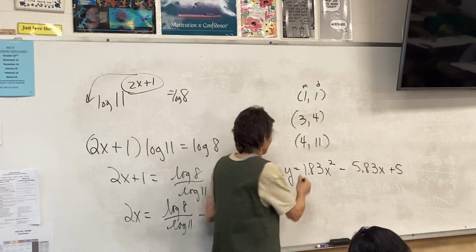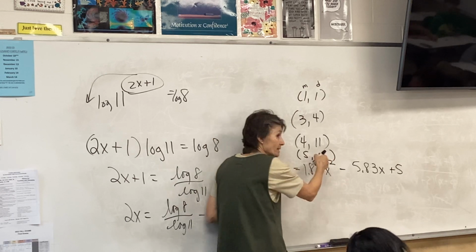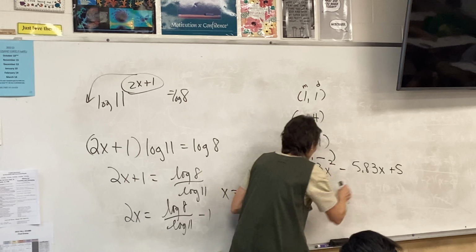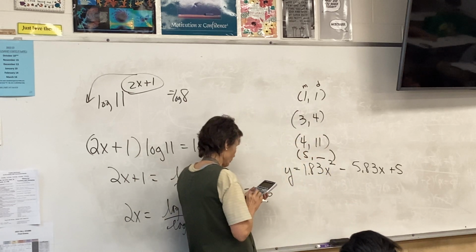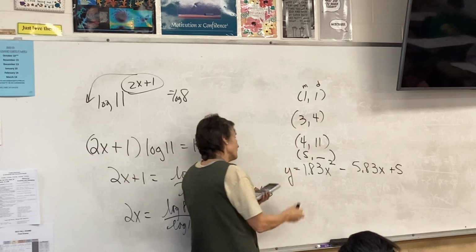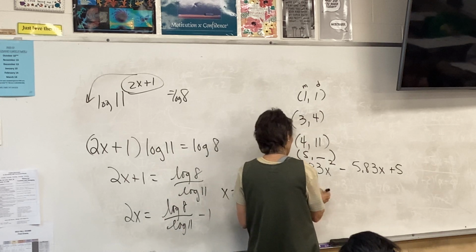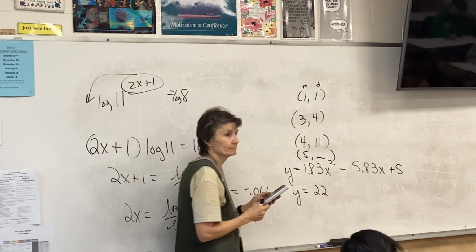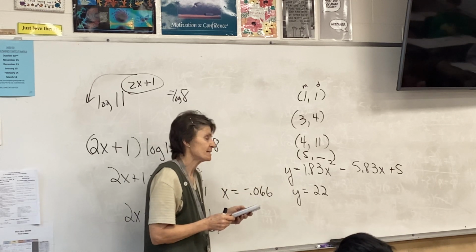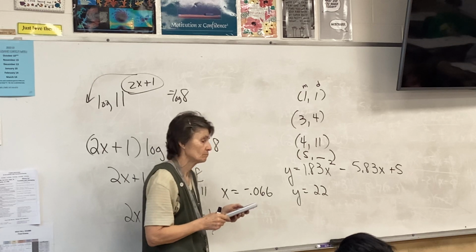So I'm finding this, right? How many detentions go with 5? So I'm just gonna plug 5 into my equation. So 1.83 times 25 minus 5.83 times 5 plus 5. And I got about 22. I got a decimal, but since it's detentions, I'm just gonna say 22.